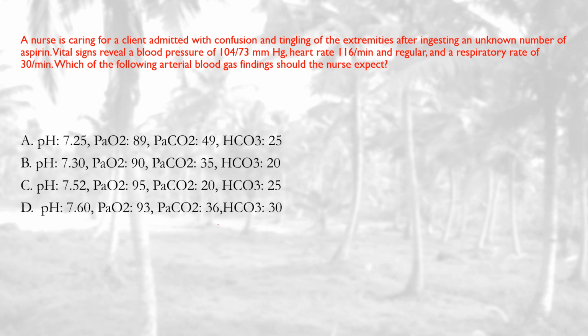So this is where you need to have a really good foundation of the signs and symptoms of the acid-base imbalances. And even if you didn't know the signs and symptoms, you can kind of figure out what type of acid-base imbalance it is with the clues that are given within the question itself. If you have an understanding of metabolic acid-base imbalances, you're going to see wording in the question. If it's metabolic, you'll see nausea, diarrhea, vomiting, or anything like that.